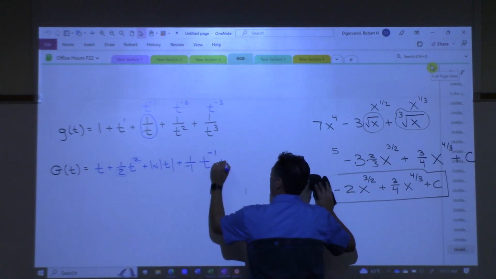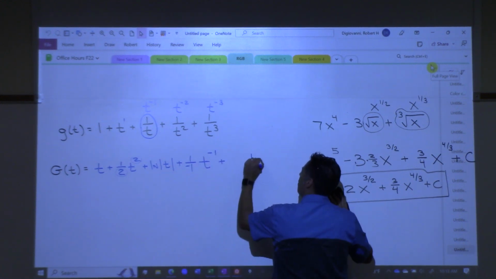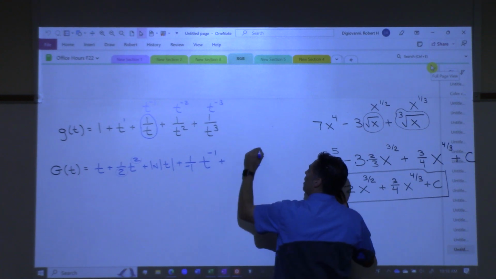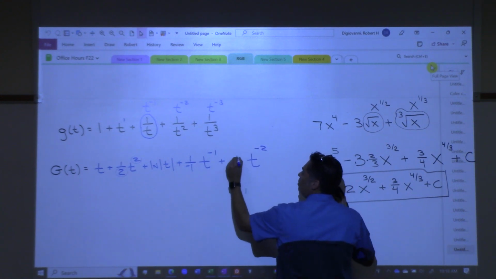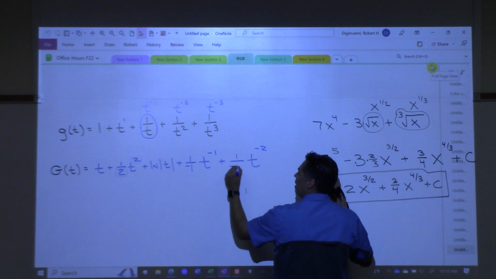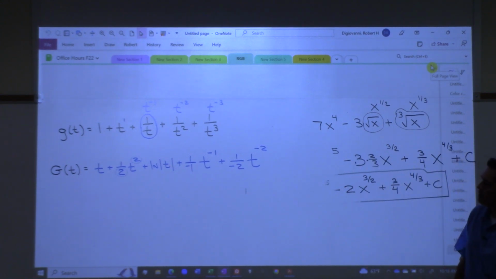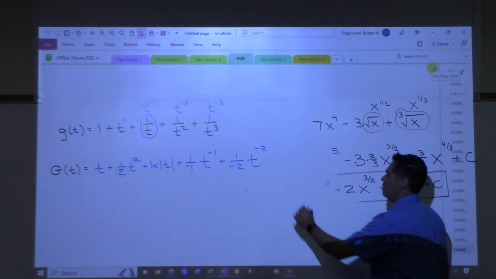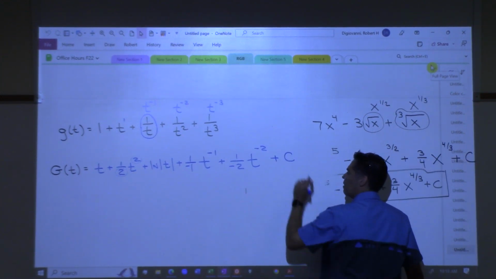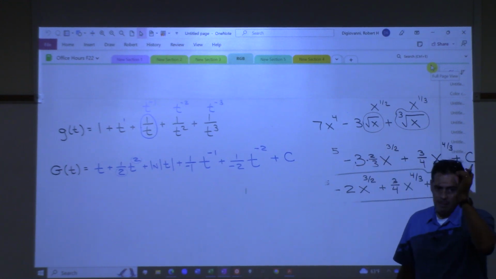The next one plus, all right, what's the power on this one? Add 1, you get -2. And then out front, 1 over -2. Am I done? Let's see. Clean it up.